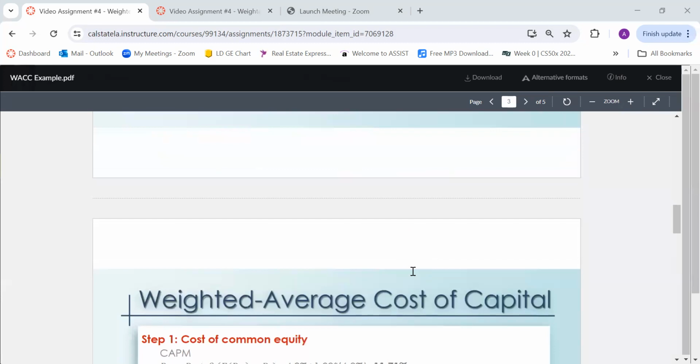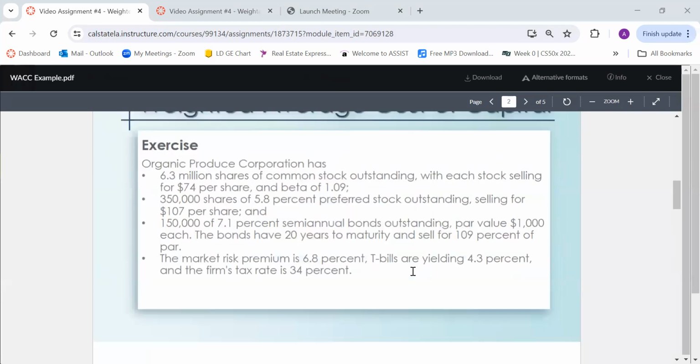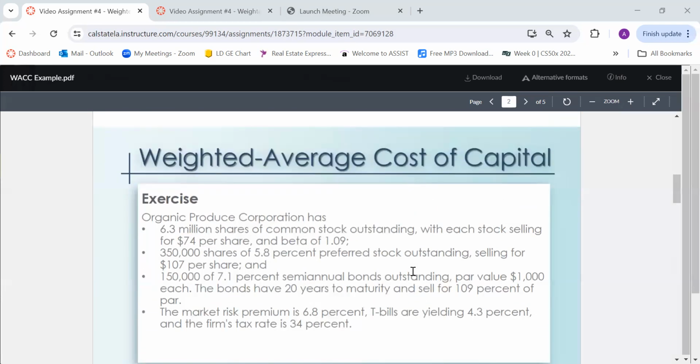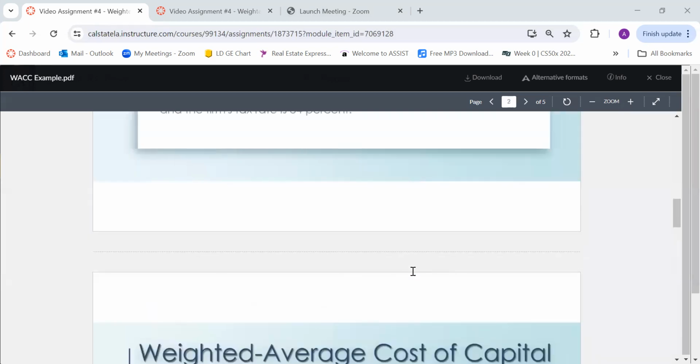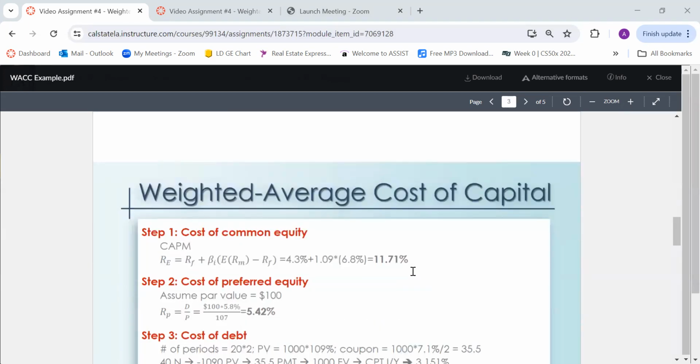So in order to find the answer to this question, we're going to have to split it up into steps. The first step is to find the cost of common equity, or cost of capital, common stock. We're going to use the CAPM equation.